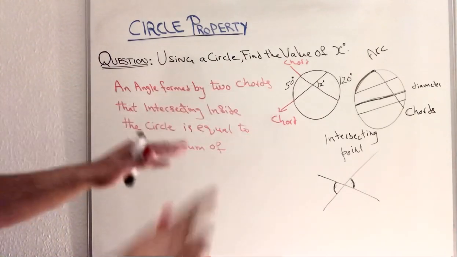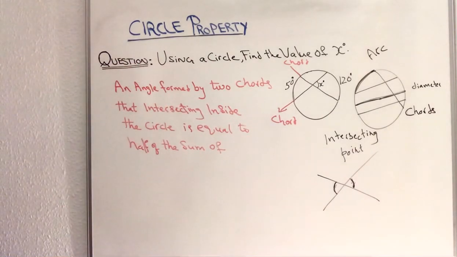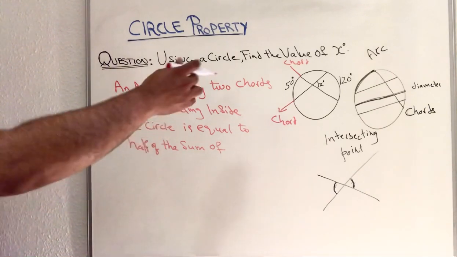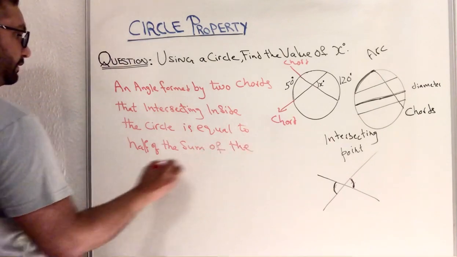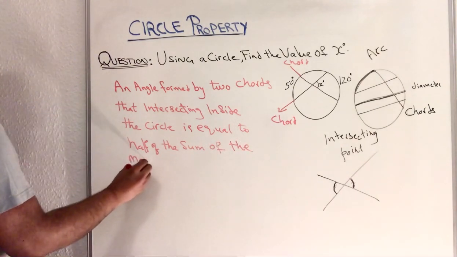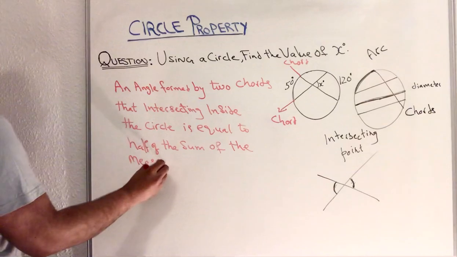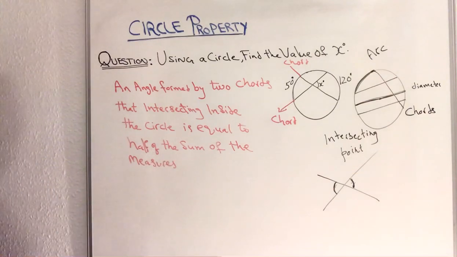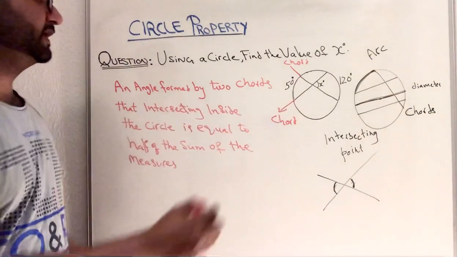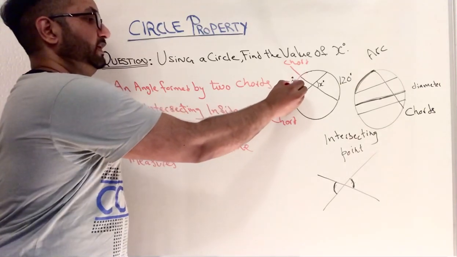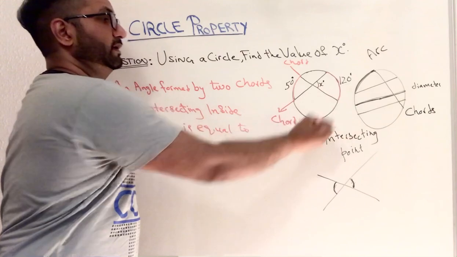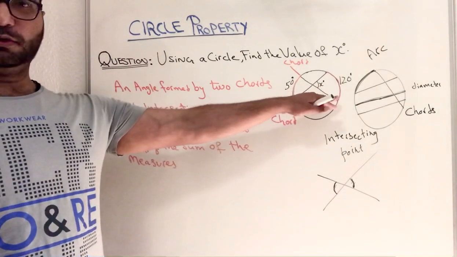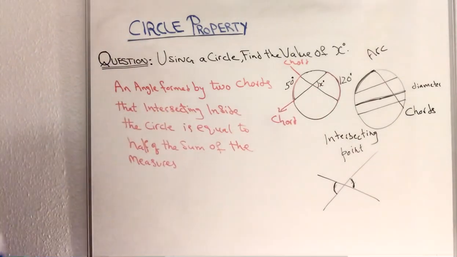How many arcs? We have two arcs outside. Half of the sum of the measures, because from here to here this is 50 and from here to here the measurement is 120 degrees.